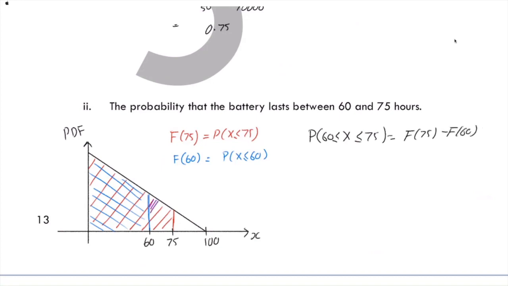You can see you're left with... what'd you get, Dylan? 9.75.